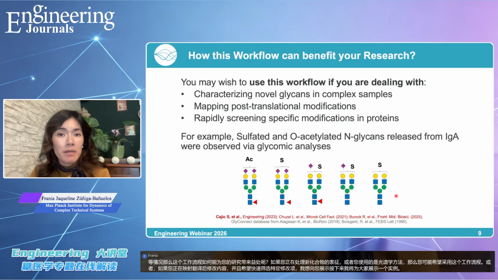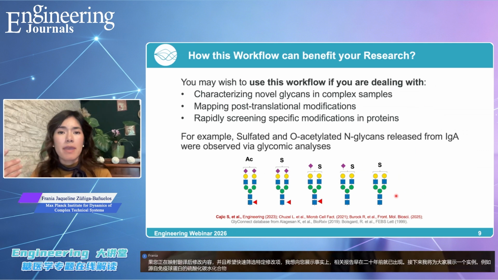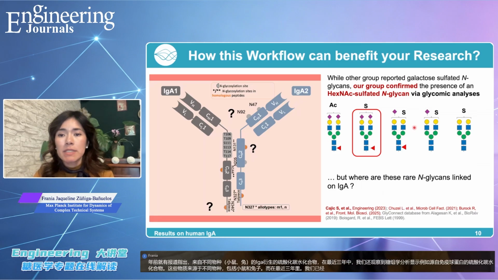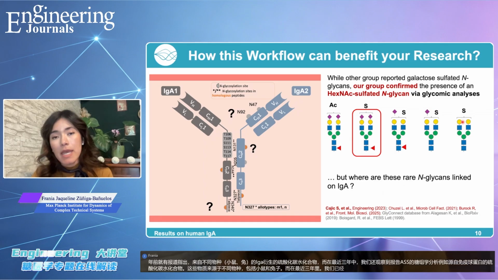Sulfated carbohydrates derived from IgA from different species, mouse and rabbit, were reported 20 years ago. And in the last 3 years, we have also seen glycomic analyses that report acetylated and sulfated N-glycans from released human IgA N-glycans.